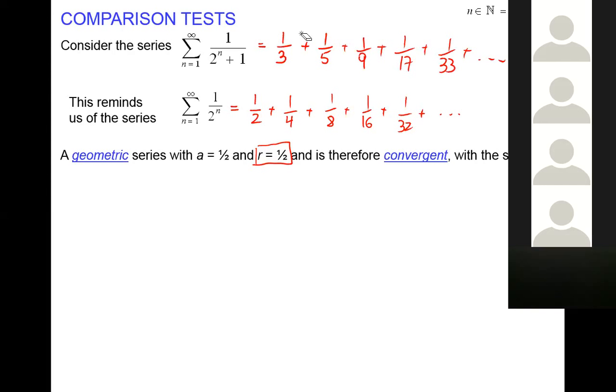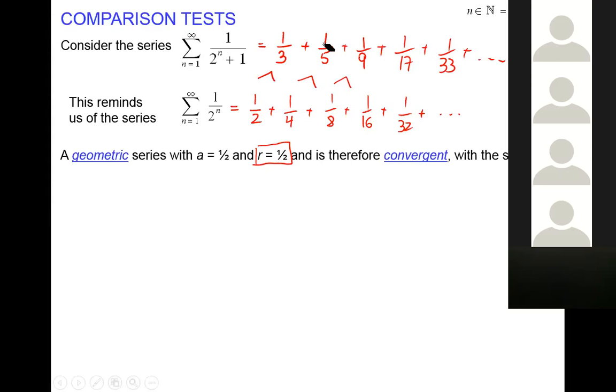If I check the corresponding terms, I see that 1/2 is definitely greater, or I can say it this way, 1/3 is smaller than 1/2. 1/5 is smaller than 1/4. 1/9 is smaller, and so on.